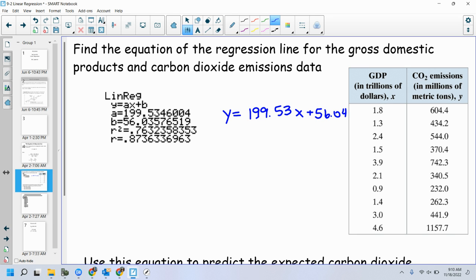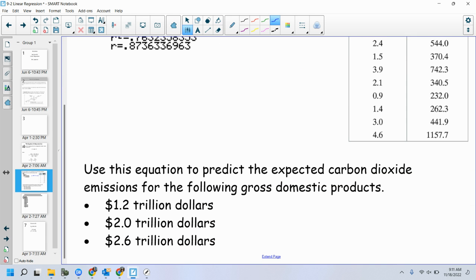Okay, what does our R value tell us? Yeah, strong positive correlation. Just as we suspected, as GDP is going to increase, carbon emissions is also going to increase. Right? Okay. Use this equation to predict the expected carbon dioxide emissions for the following gross domestic products.